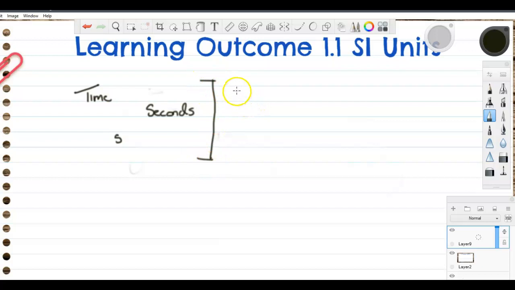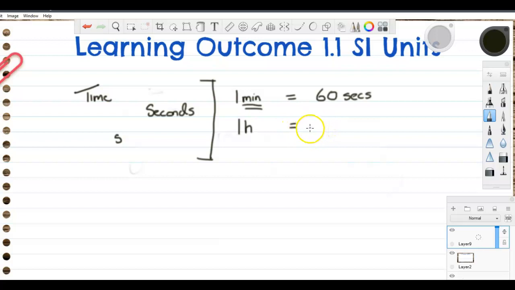So if you have 1 minute, that will be equal to 60 seconds. Minutes are written as min. If you have 1 hour, 1 hour is written with a single h, not with the r.